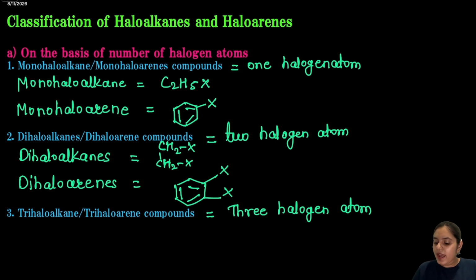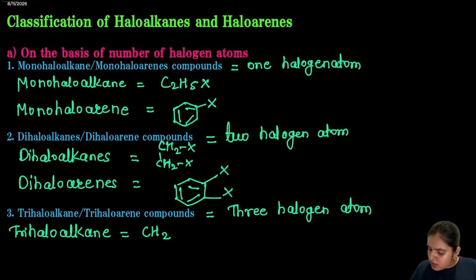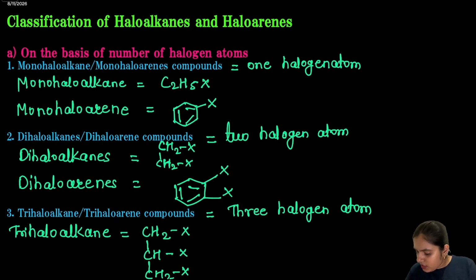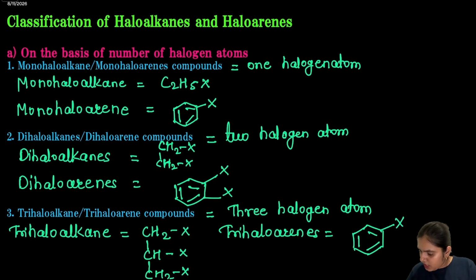Okay, next is trihaloalkane and the trihaloarene means in this compound three halogen atoms are present. Example of trihaloalkane is CH2X, CHX and CH2X. Okay. And the example of trihaloarene means three halogen atoms are present in that compound.